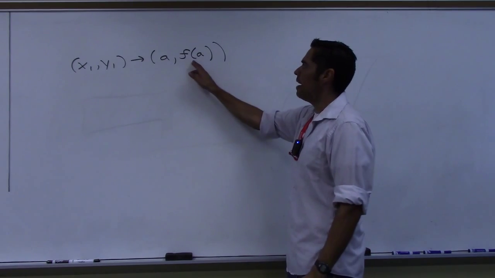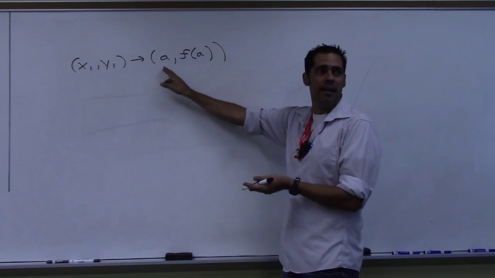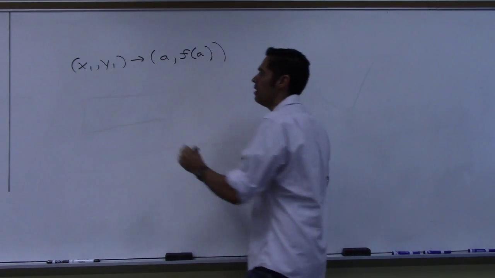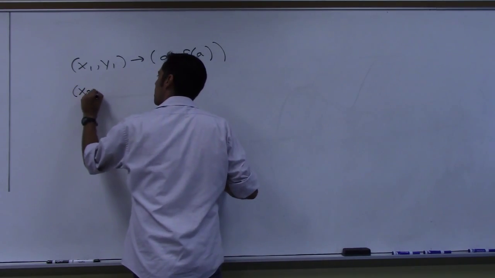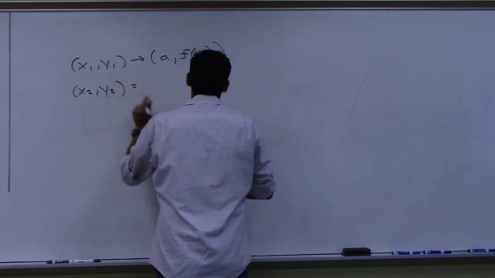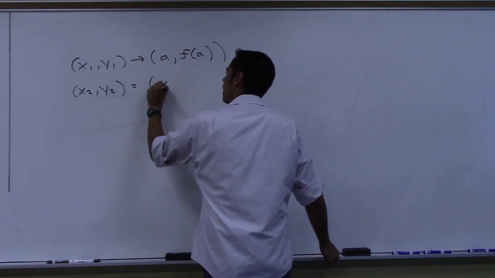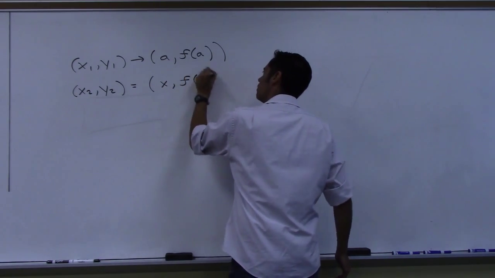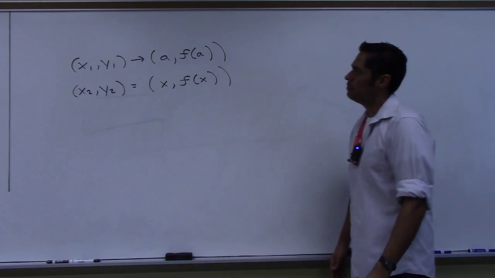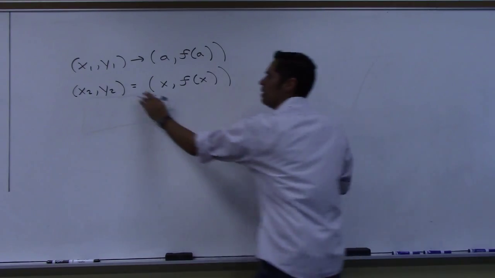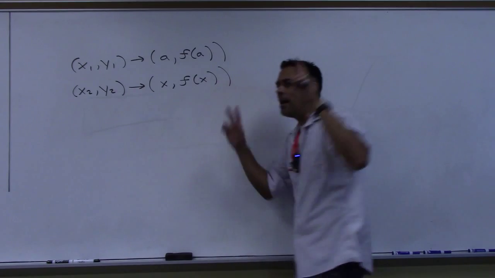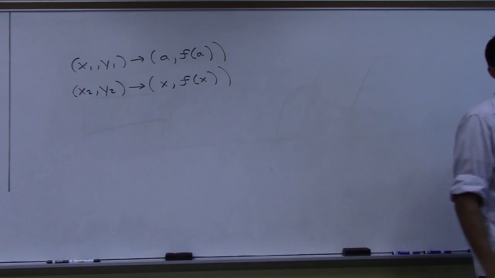Because isn't f of a the y value when you plug in a? And then for x2, y2, instead of using that, oh, you know what? Did I do these backwards? No, this is the right way. Okay. x, f of x. I'm choosing to change the way I'm indicating things to you.